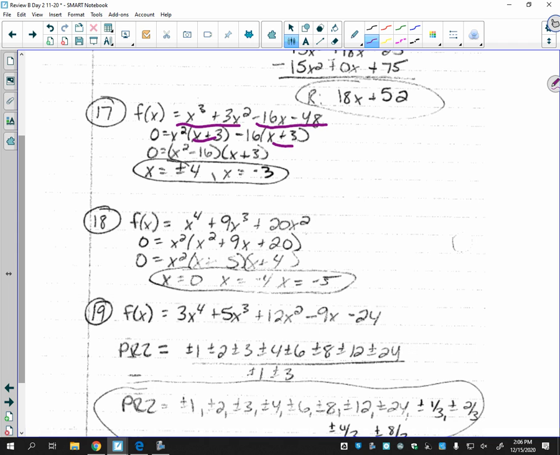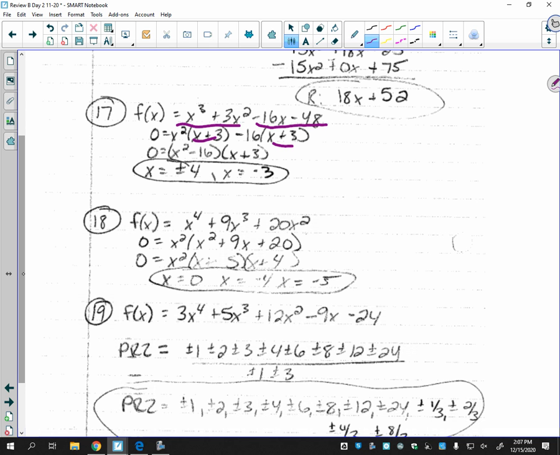All of these share an x squared, so I could pull the x squared out, and then look what's left. It's just a quadratic, and if you want to do the quadratic formula, you can. But again, this one you can factor, and you can't get plus or minus 0, so you just get 0 here, but then you get negative 4 and negative 5 as your answers as well. So those are nice reminders that not everything is a PRZ question.